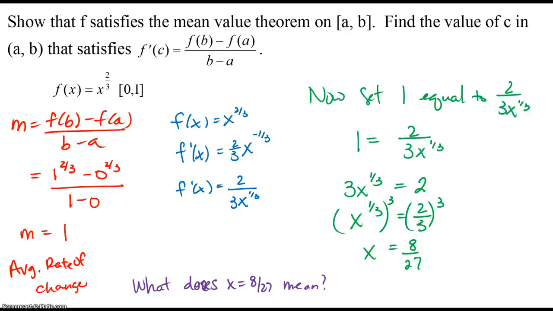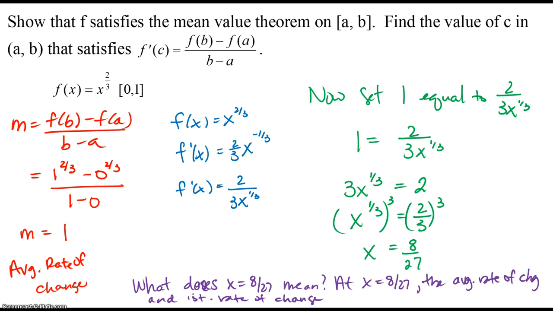Okay, well hopefully you're thinking that at the point at x equals 8 over 27, the average rate of change and instantaneous rate of change are the same.